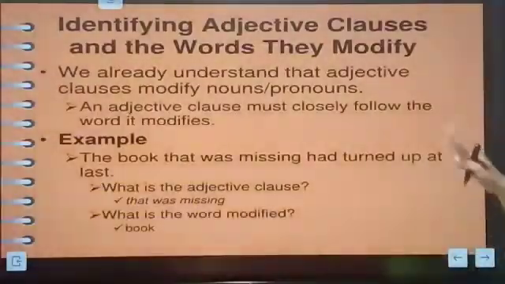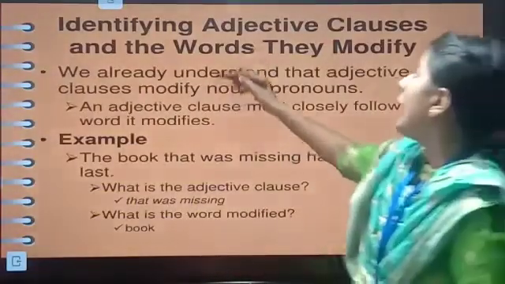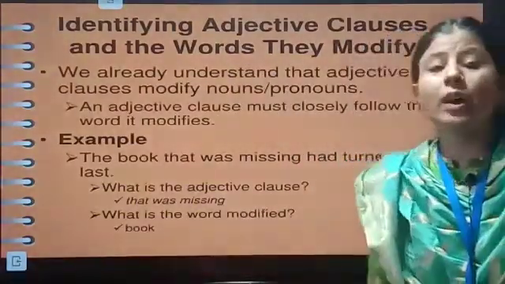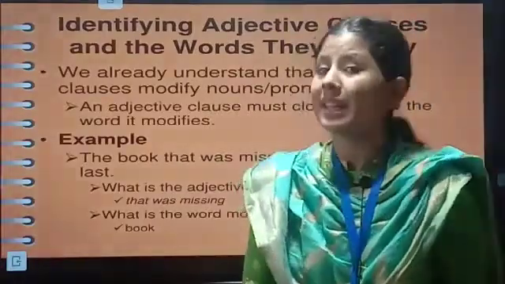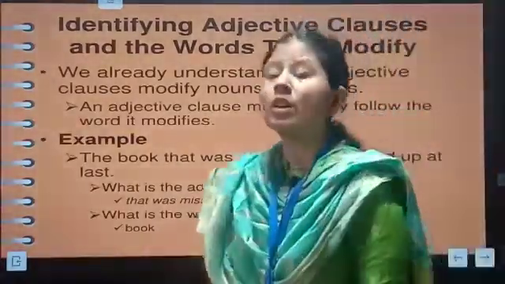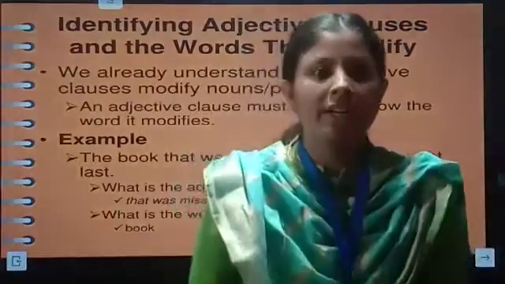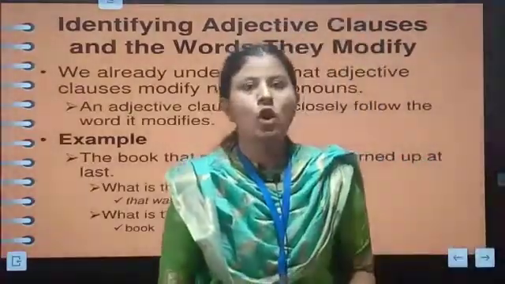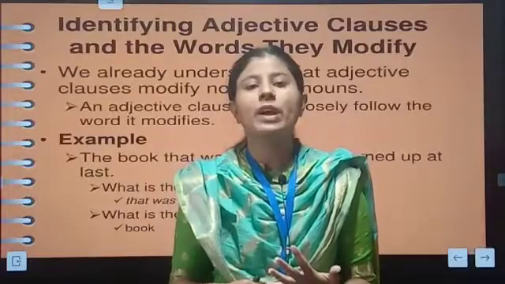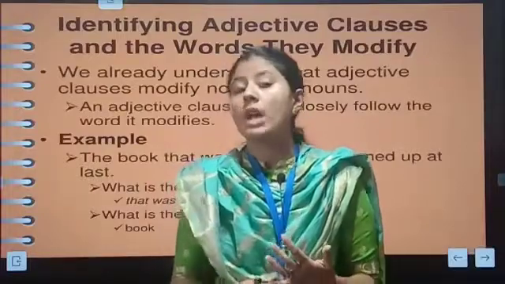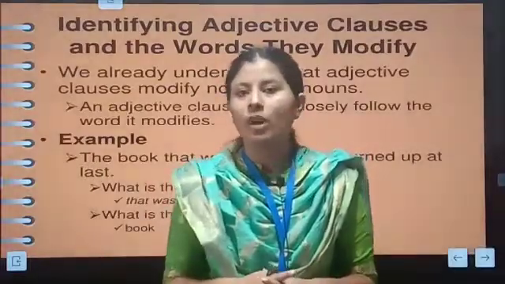So now let's clearly understand this. Identifying adjective clause: how to identify an adjective clause in the sentence. To identify an adjective clause, you first of all need to identify the relative pronoun, and you know what a relative pronoun is, right?